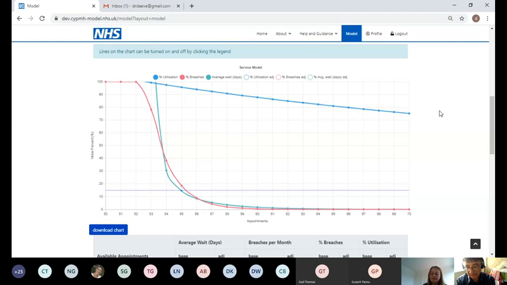As I say, I think the model's absolutely fine for looking at current or historic and comparing, but I guess what we want to do is get on the front foot as much as possible and confirm what additional capacity will be required in future months, because we all know how long it takes to either get staff on board or to increase our capacity in other ways.